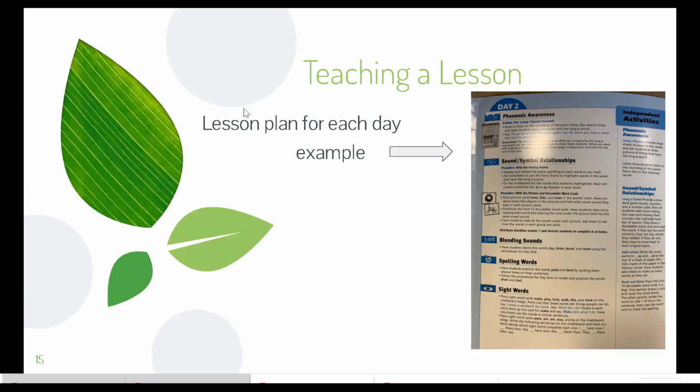If we were going to blend that, you could take a sheet of paper and you could put them in those boxes, and you could do this. So what sound does the C make? The C makes K, the L makes L, the AY makes A, and you could blend them together this way. So we're practicing those segmenting and blending skills.